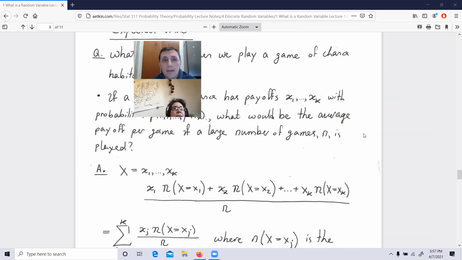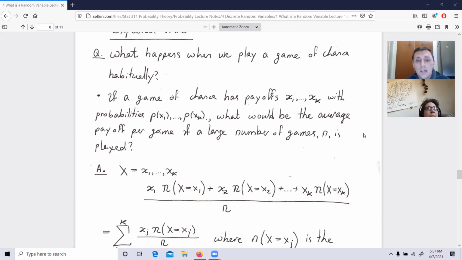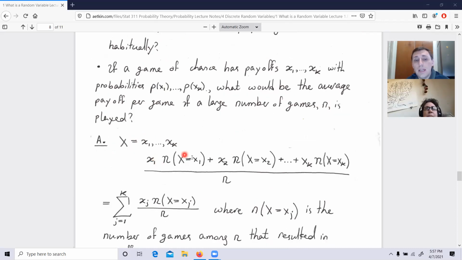Now I can average in such a way where I add up all the games in which I got payment x1. So the total money from such games is x1 times the number of games that contributed x1. The number of games that contributed x2, times x2, is the total money I got from those games, and so on and so forth. So far understood?